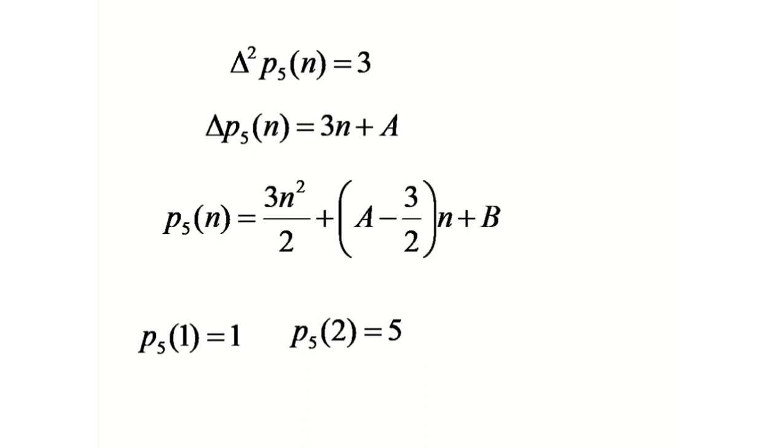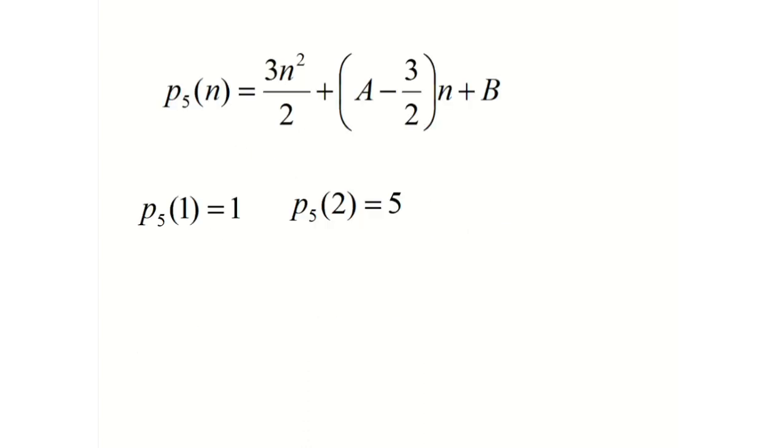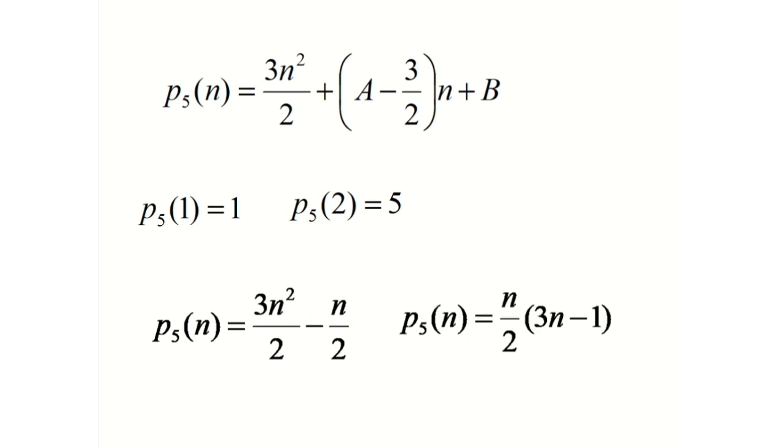Using these two conditions, we can find the values of a and b from these two equations, and we get a equals 1 and b equals 0, which means our polygonal number for side length 5, or pentagonal number, is just n/2 times (3n minus 1).